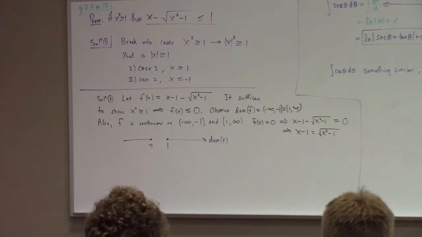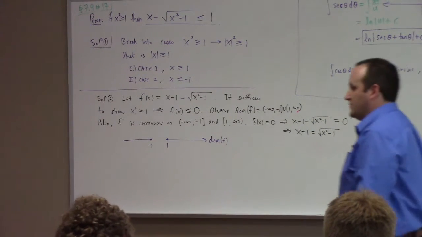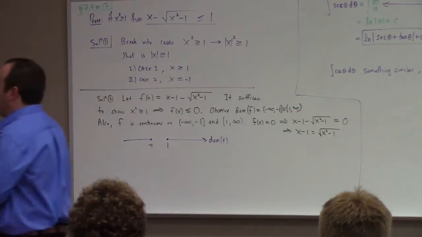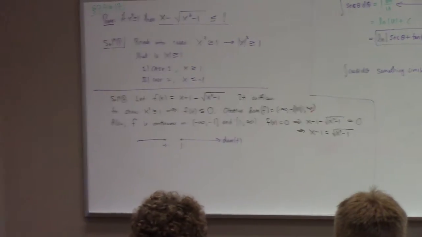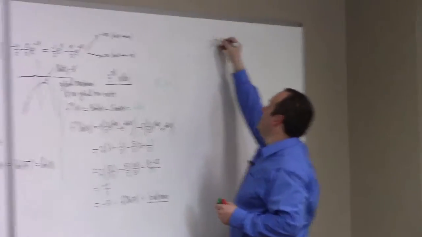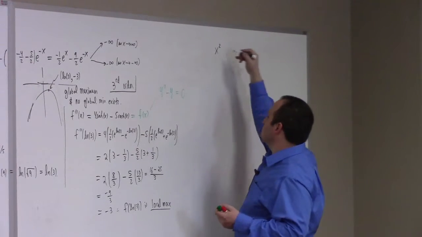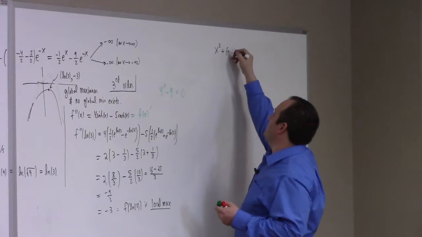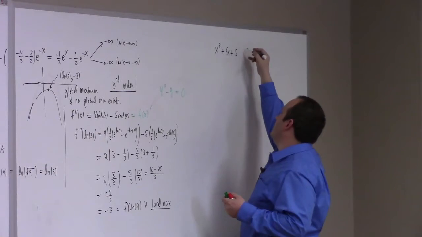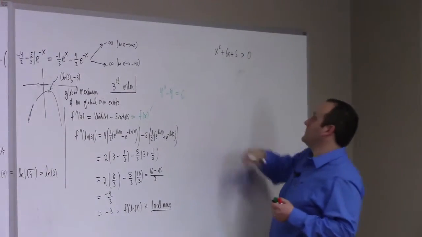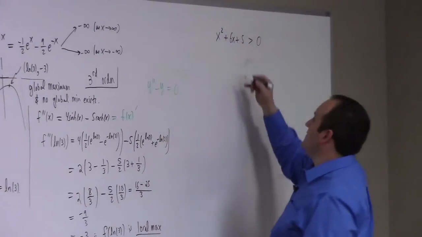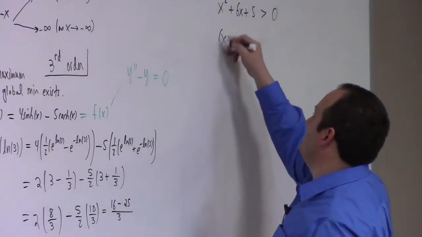One of the things I wanted to do the first day, when the Donald interrupted us, was to remind you we can solve quadratic inequalities in a certain way. For example, if I wanted to solve x squared plus 6x plus 5 greater than 0, I would say that's x plus 1 times x plus 5 greater than 0.